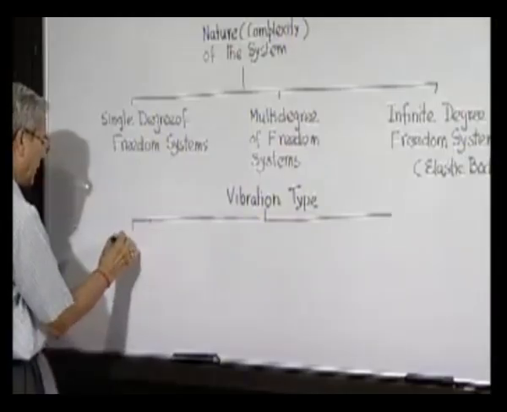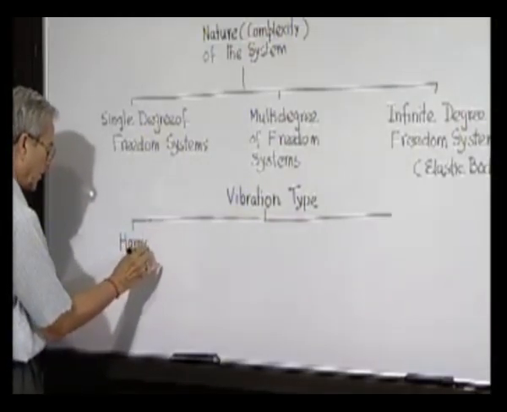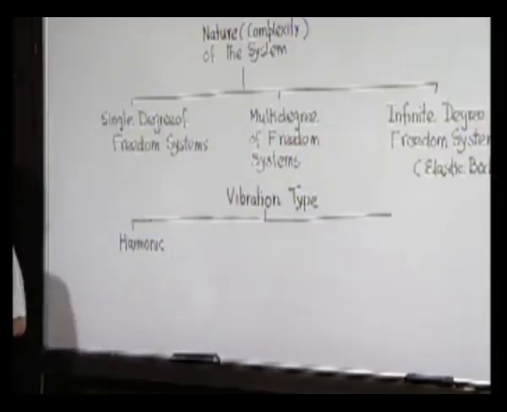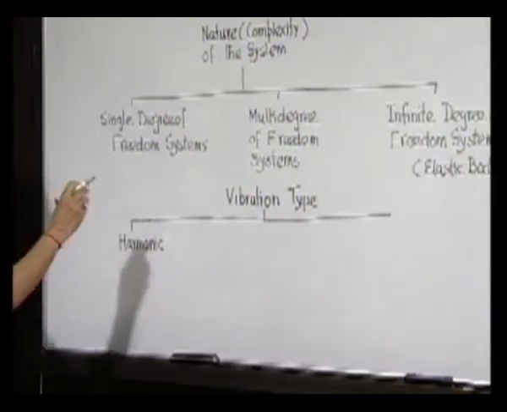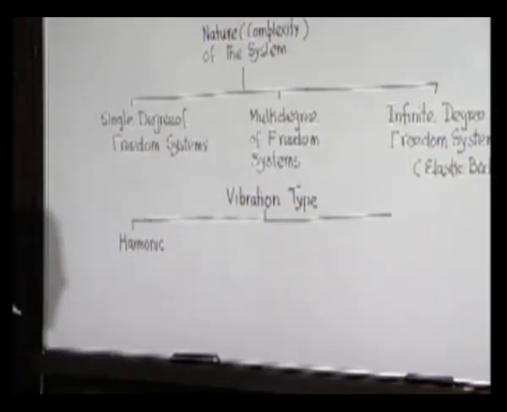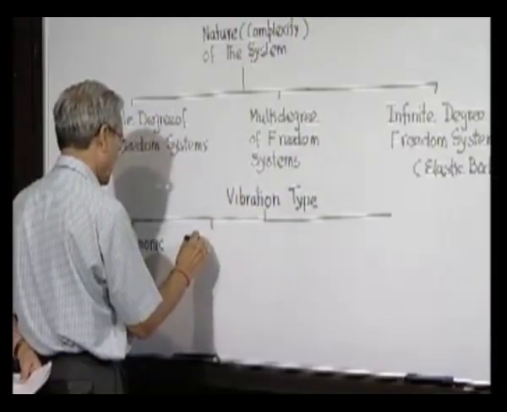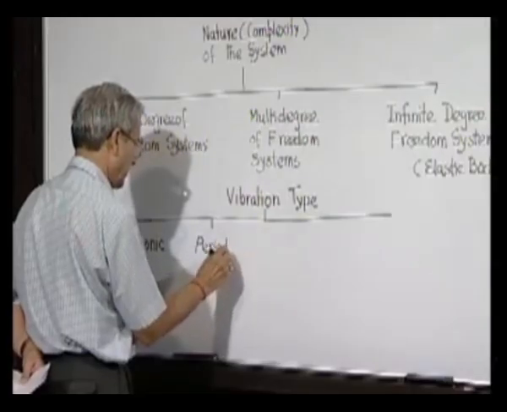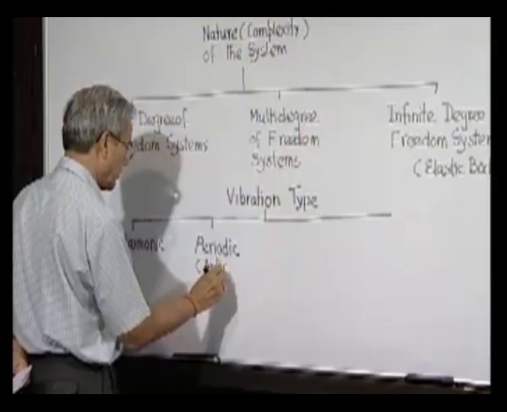So it can be simply harmonic vibration, which means a trigonometric function, sine function or cosine function, a harmonically varying quantity. That means any parameter representing the vibration varies harmonically. Next is anharmonic but periodic, or we can say periodic but anharmonic. It is not a harmonic function of time.